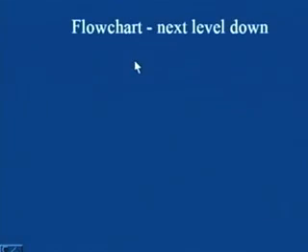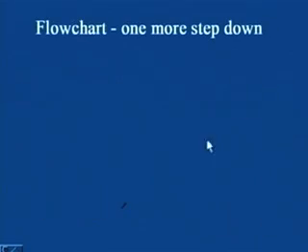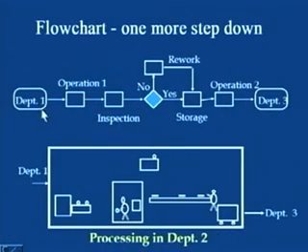Then once this first level is drawn, we go for the next level, where input and output are the same, only the processing varies, as I mentioned earlier, that something is there, something is output, and here some processing is going on. One more level further we can go down, suppose that this is department 1 and department 3.